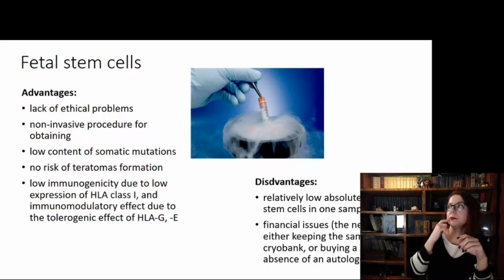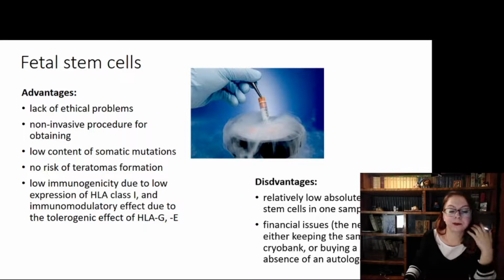So several umbilical cord units should be used in case of treatment of an adult person. That's why the umbilical cord blood is very expensive. That we'll talk about later.